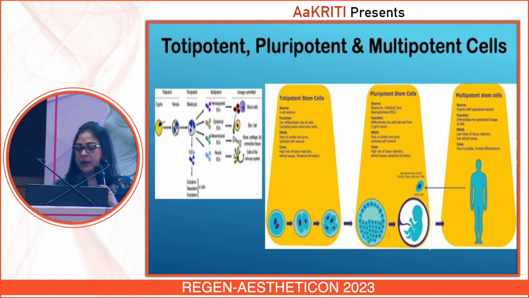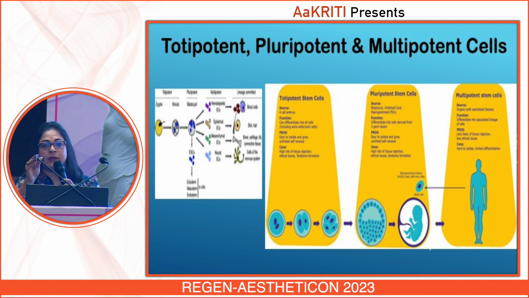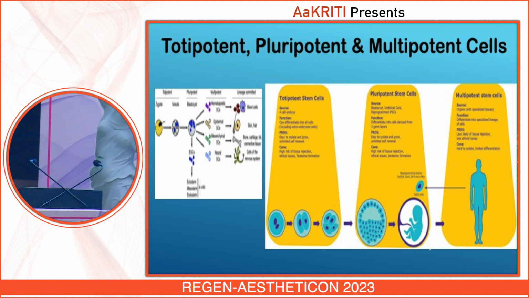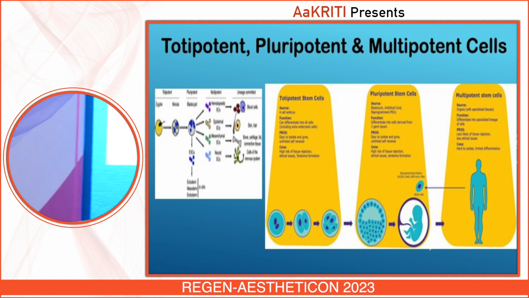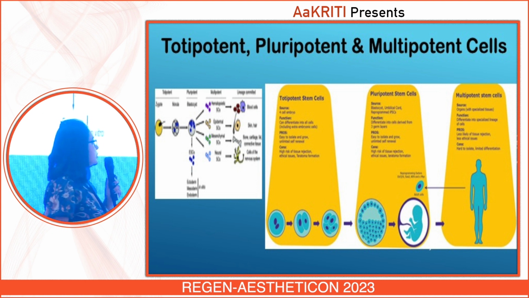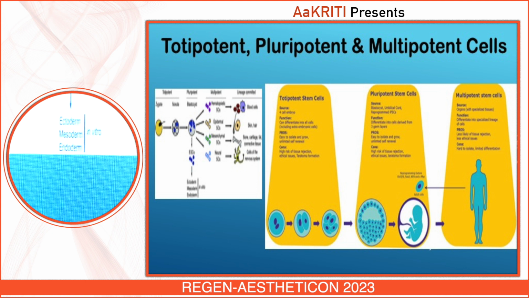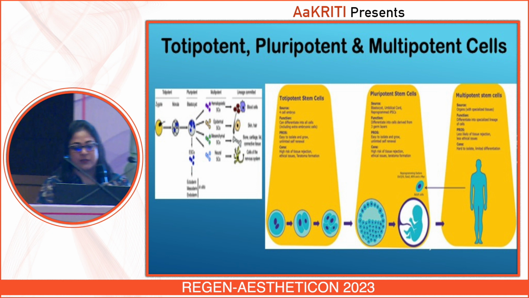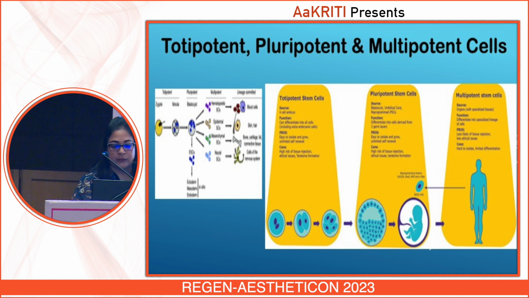But afterwards, when pluripotent stem cells differentiate into a specialized lineage, we call them multipotent stem cells. These are more acceptable in regenerative science, because there is less rejection and fewer ethical issues, but they are also difficult to harvest, though this can be overcome.